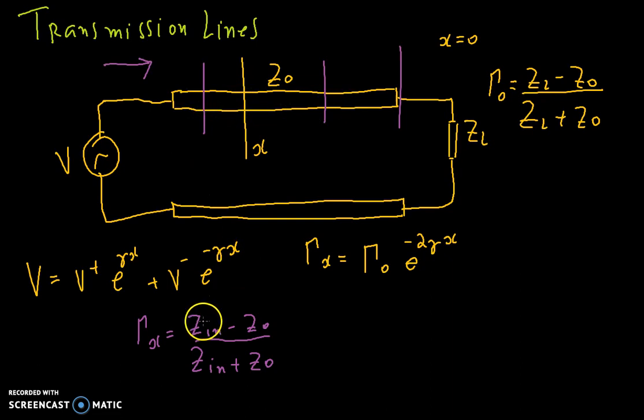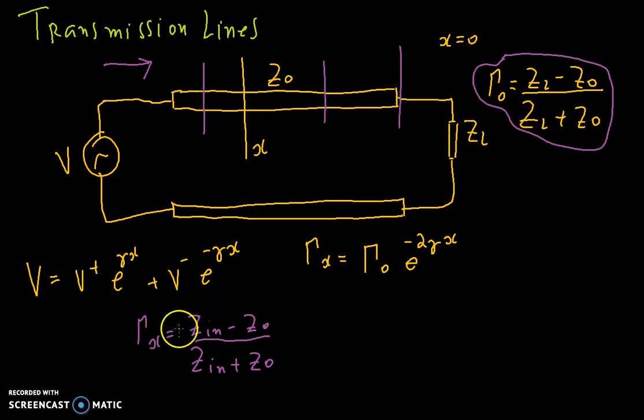So how do we do this? Remember how we calculated the reflection coefficient at the load, and remember that this was the formula that we got. If we now want to calculate the impedance at any point here, we can use the same formula. We can mark this point on the line and pretend that everything to the right of it is just another impedance.